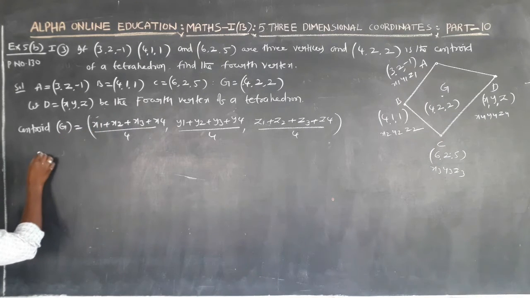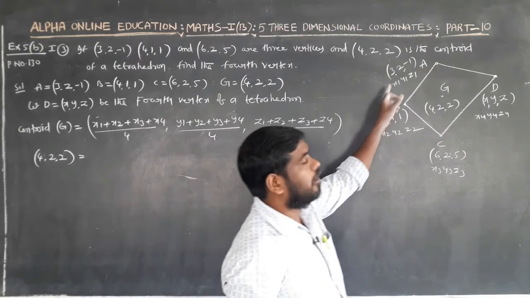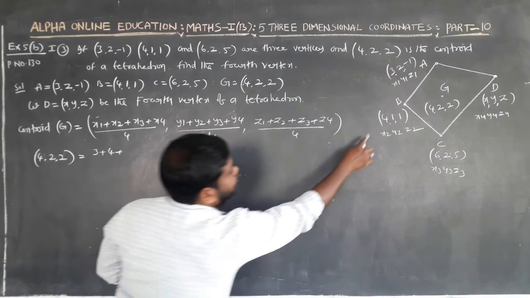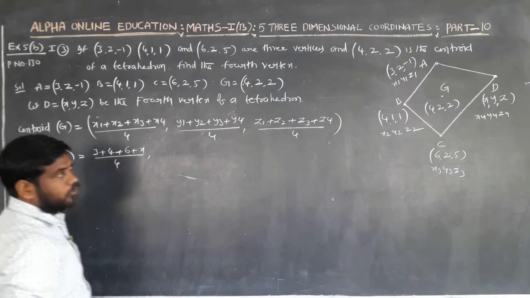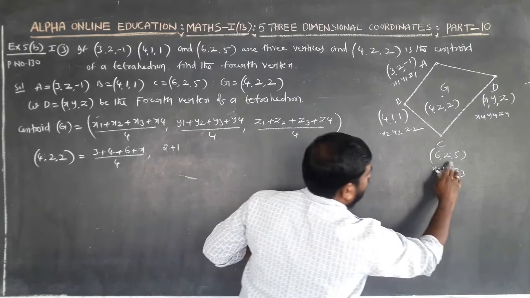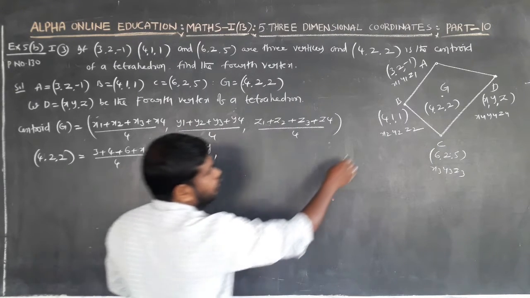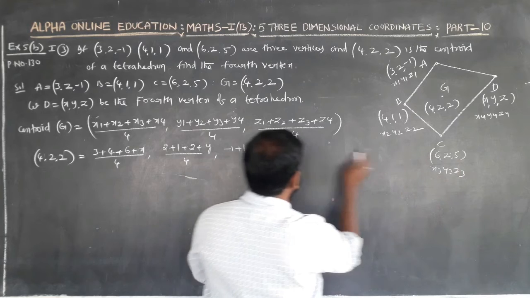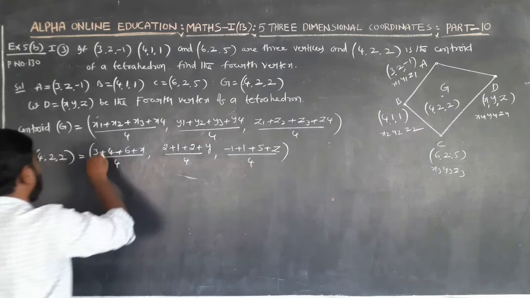Here the centroid of the tetrahedron 4 comma 2 comma 2 is equal to, adding all x coordinates, x1 is 3, x2 is 4, x3 is 6, x4 is x, by 4; y1 is 2, y2 is 1, y3 is 2, y4 is y, by 4; z1 is minus 1, z2 is 1, z3 is 5, z4 is z, by 4.